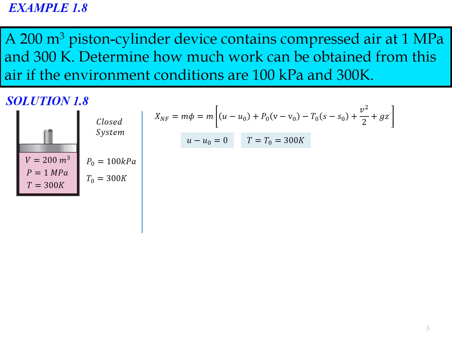So no internal energy difference is involved, so u minus u naught will be 0. And we ignore kinetic energy and potential energy because the system is stationary and the location of the system is at the datum, so both will be 0.